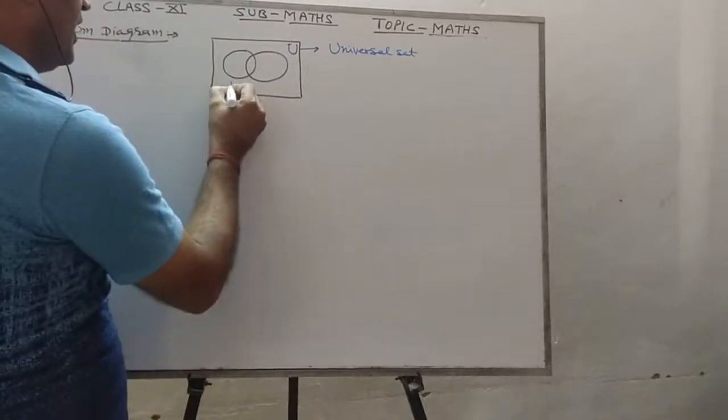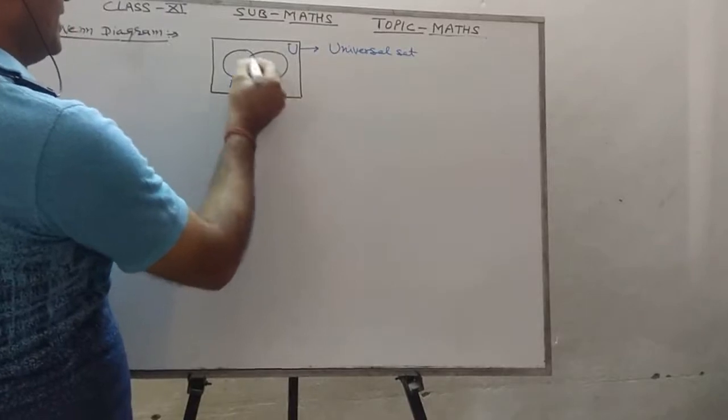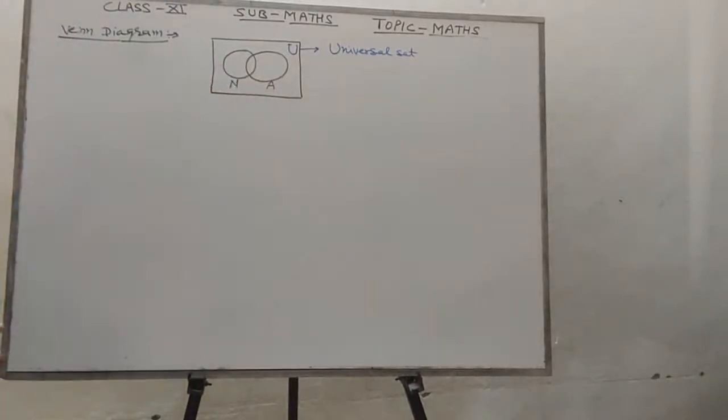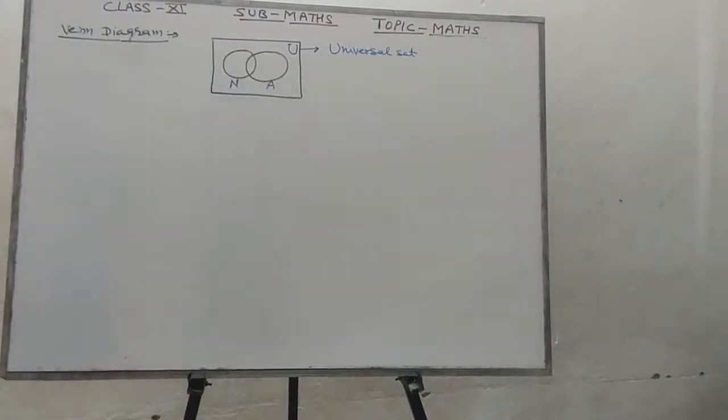And the small sets are represented in the form of circles. This is the Venn diagram. And what does this Venn diagram tell? We will see later on, and we will understand its applicability. So we are starting the operations on sets, in which we will understand the importance of the Venn diagram.